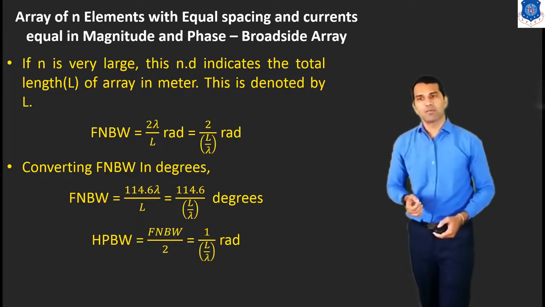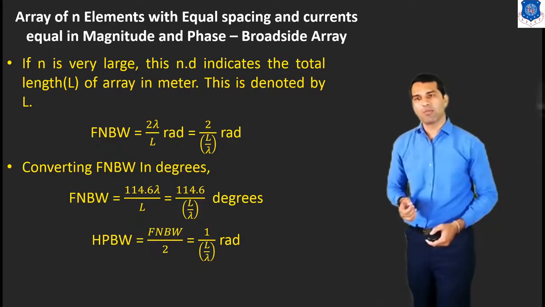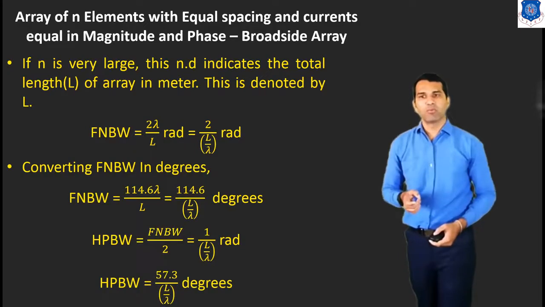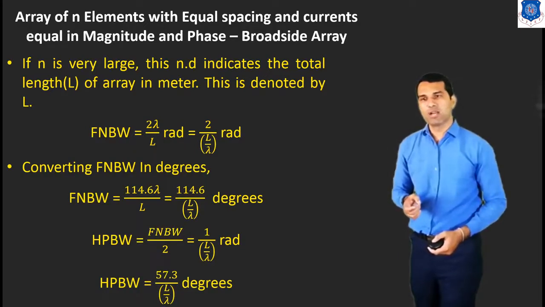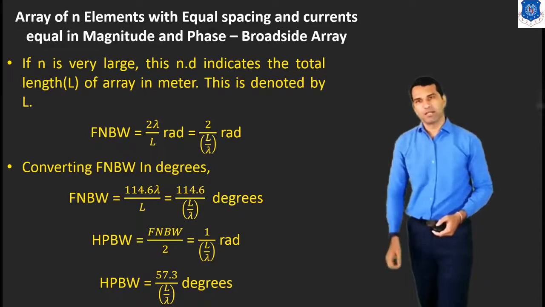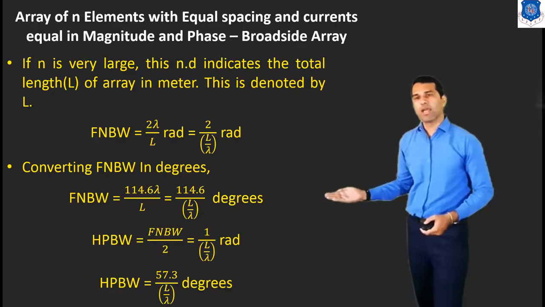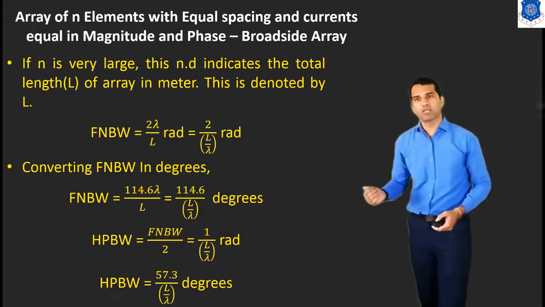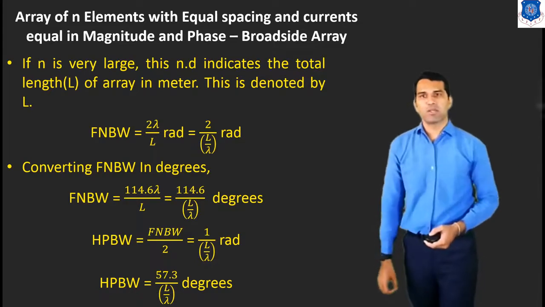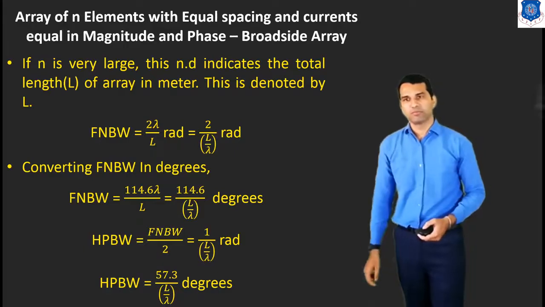So we can write HPBW equals 1 upon L by λ in radians, or in degrees 114.6 divided by 2, which is 57.3 upon L by λ in degrees. So these are the HPBW and FNBW equations in radians and degrees for the n element array with equal spacing and current equal in magnitude and phase for the broadside array.